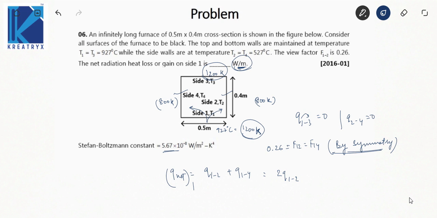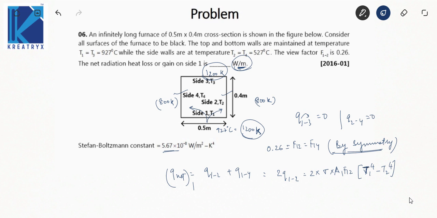Which becomes 2 into sigma into A1 F12 into T1 raised to the power 4 minus T2 raised to the power 4. All the values you know.